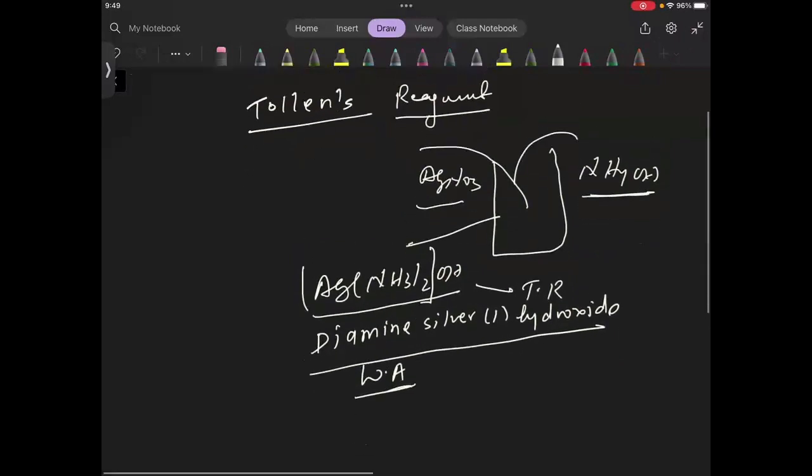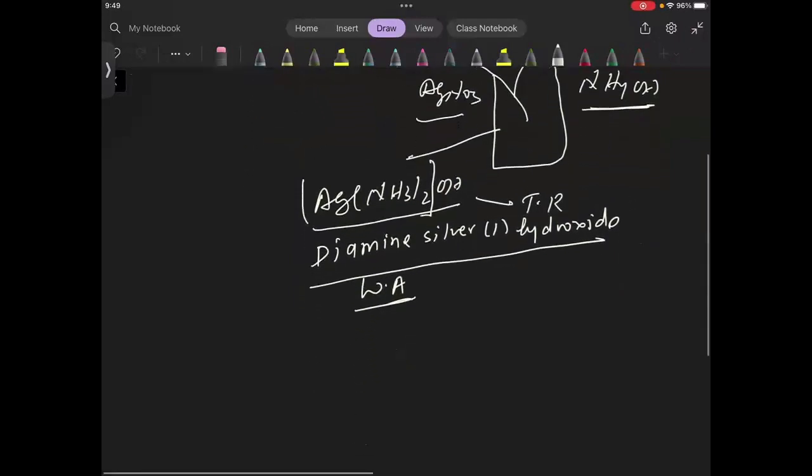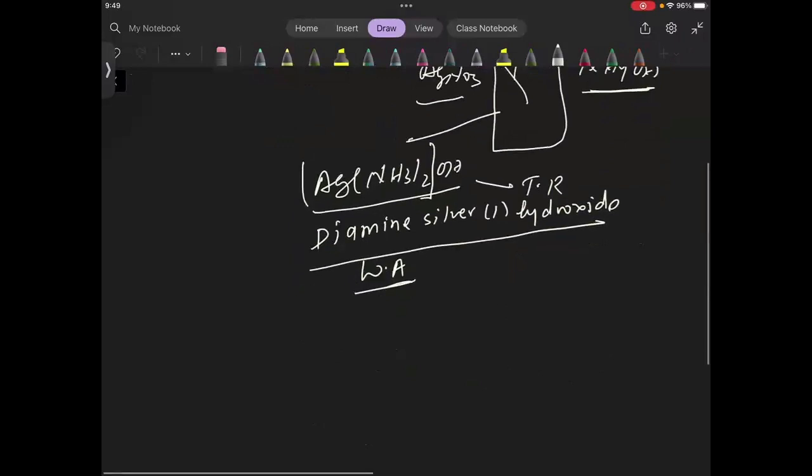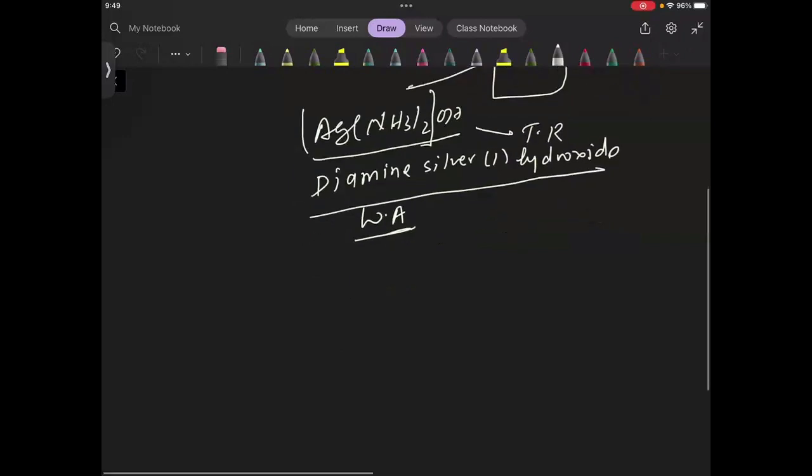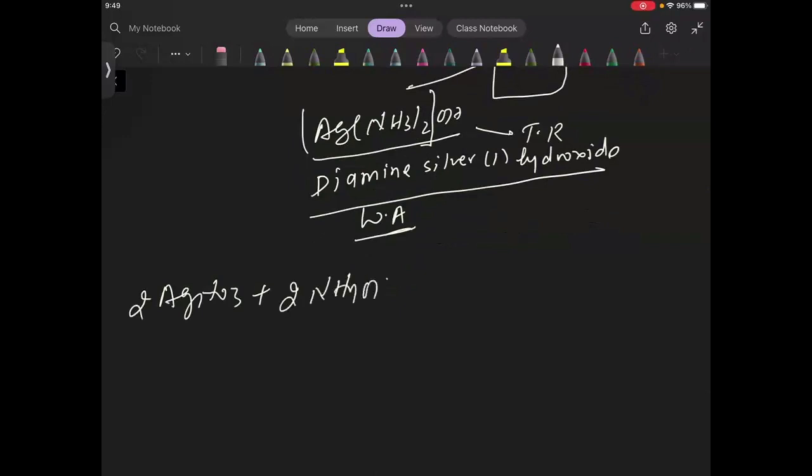Now, how to write the reactions. See, students, when we take 2 moles of AgNO3 plus 2 moles of ammonium hydroxide, you will first get Ag2O, silver oxide, which is a gray precipitate, plus 2 moles of ammonium nitrate and some amount of water also.